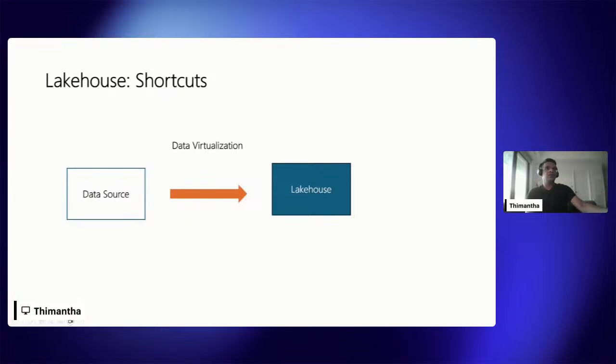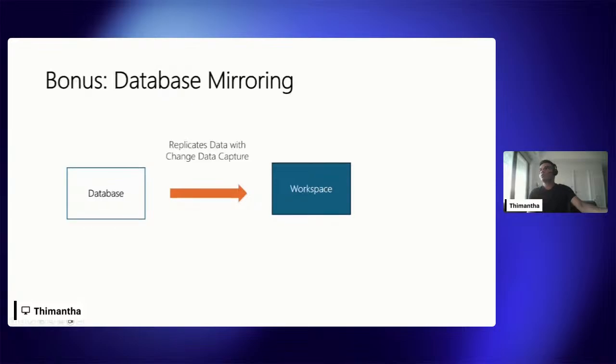Then we also have the option of database mirroring. Database mirroring would create a direct replica of a source database and bring it into a workspace. Now, how is this direct replica maintained? This is completely maintained with change data capture.